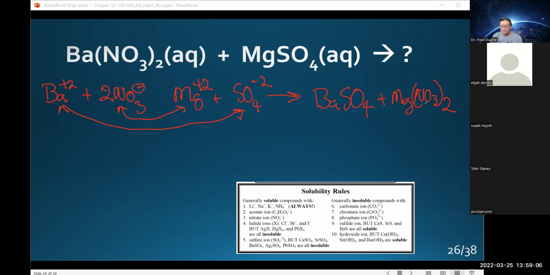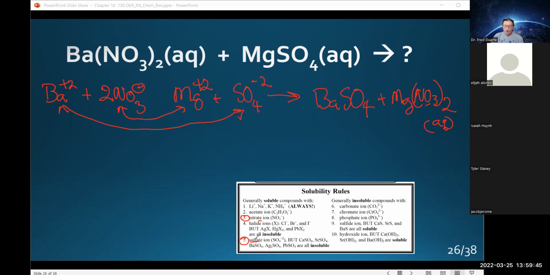The next step is to determine solubility. All right, nitrates. If you look on the first column, number 3, nitrates, regardless of what they are bonded to, are 100% soluble. So magnesium nitrate is soluble. I can put AQ, okay? Barium sulfate. Well, for barium sulfate I have to look for the sulfate, which is number 5.